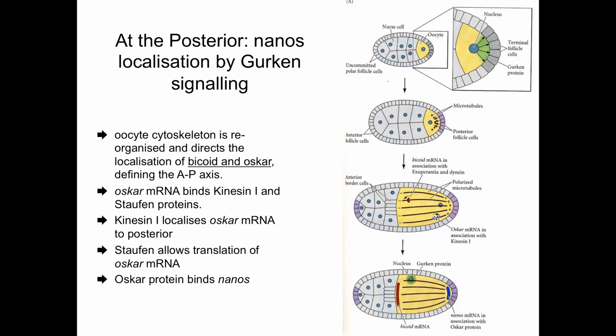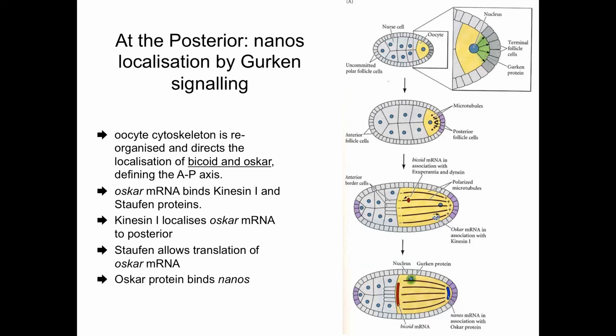side of the oocyte, not in the middle? So I don't know exactly; I can read up on it and get back to you. Perhaps you can read it as well.